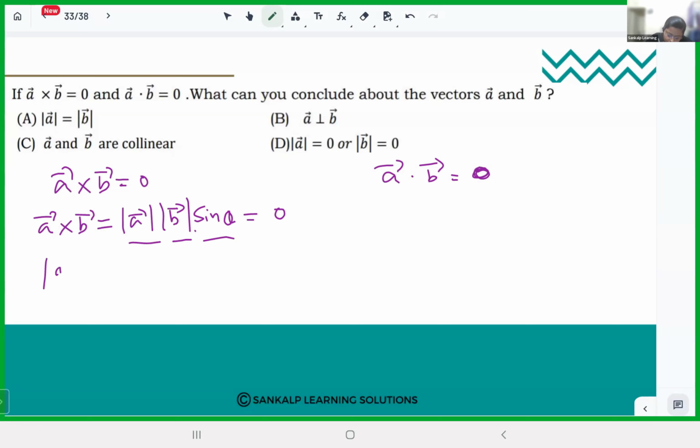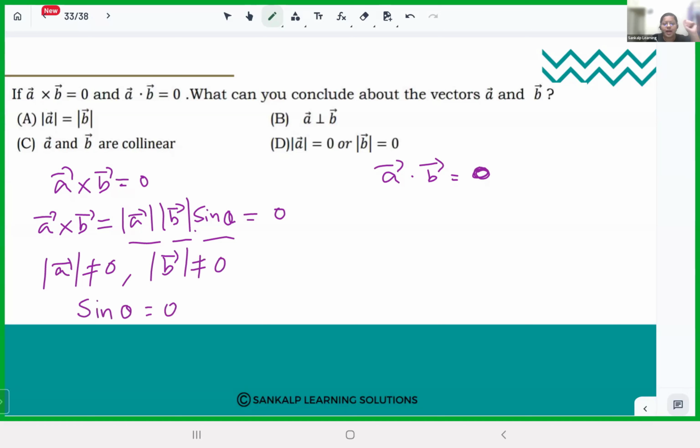Let's take magnitude of A is not equal to 0, and similarly magnitude of B is also not equal to 0. So the only possibility is that sine theta should be equal to 0.